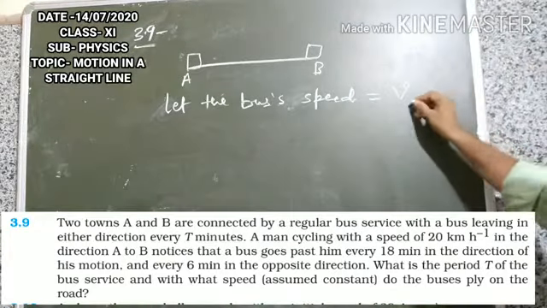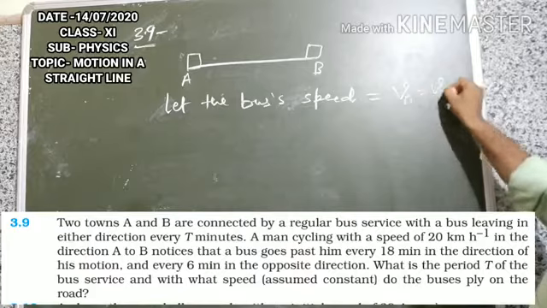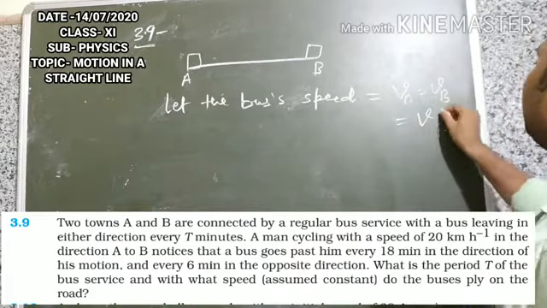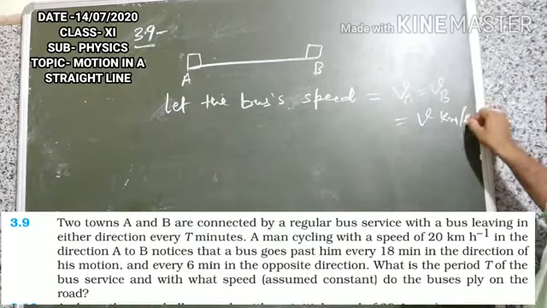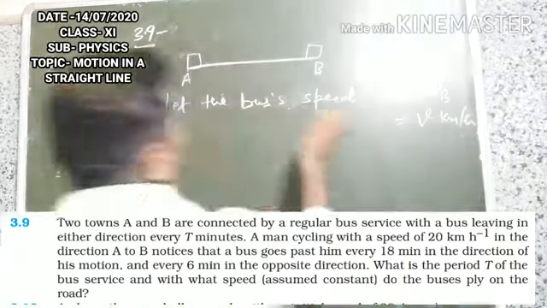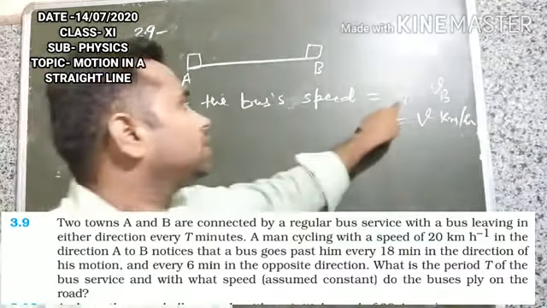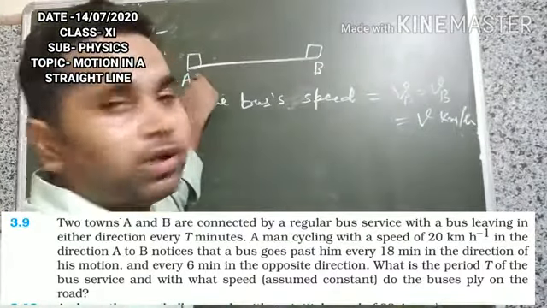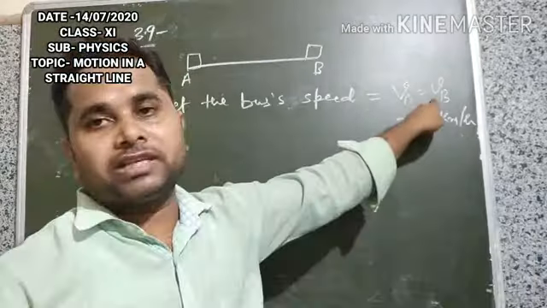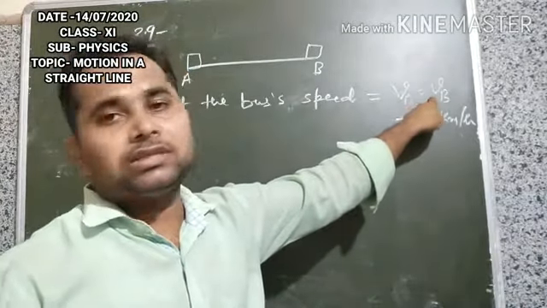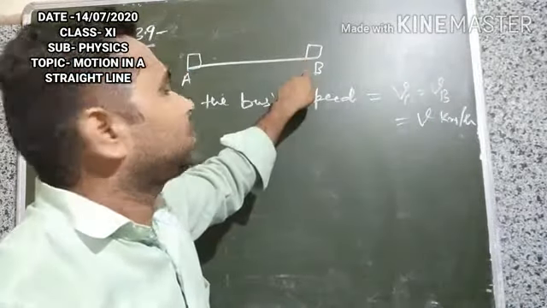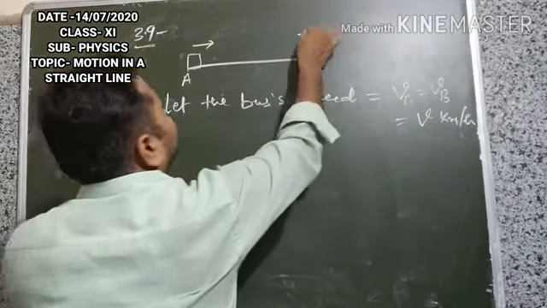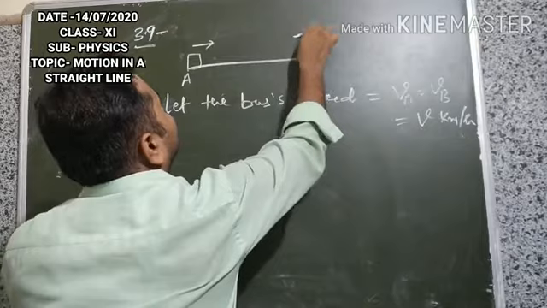Suppose VA equals VB, both have the same magnitude, that is V kilometer per hour. VA stands for the velocity of the bus that starts from town A, and VB stands for the velocity of the bus that starts from town B, and from both towns the buses are moving towards each other.